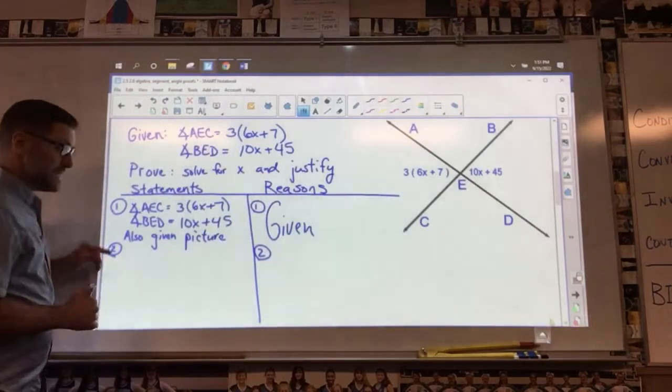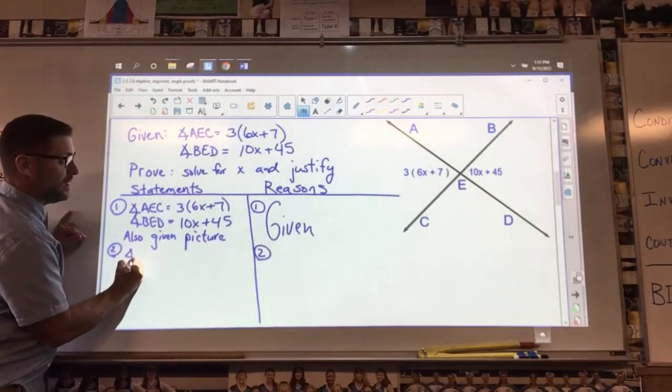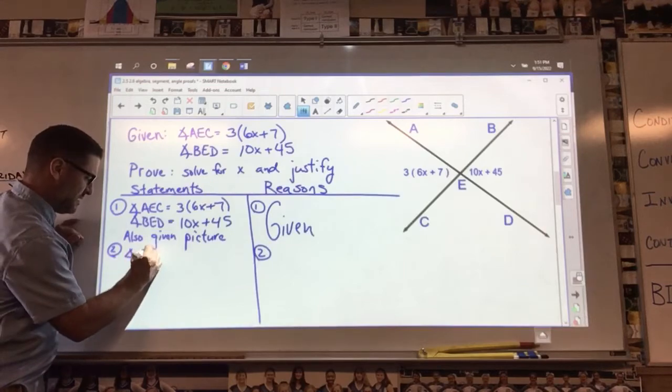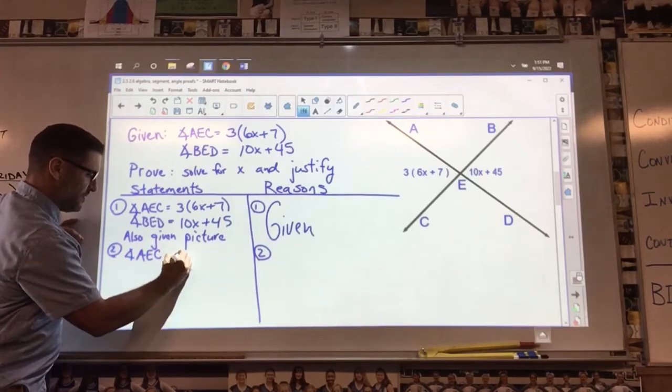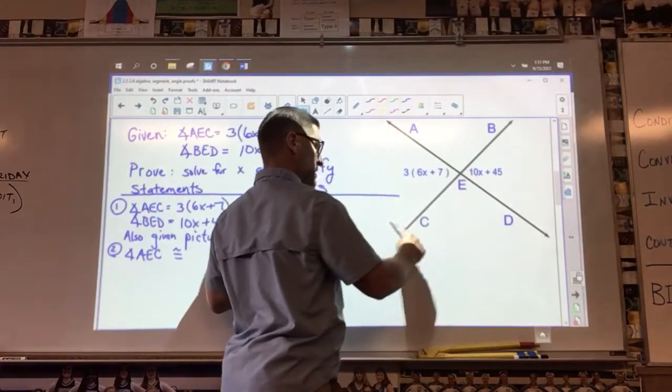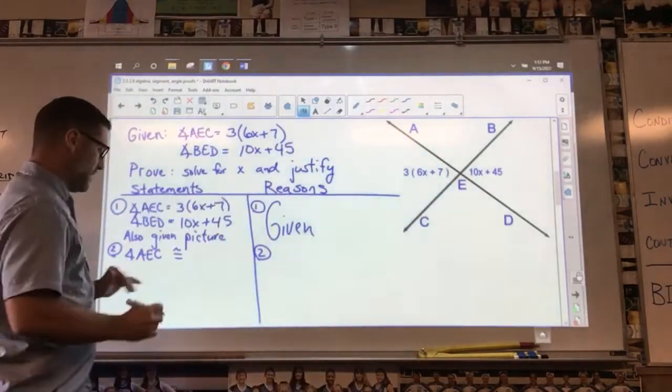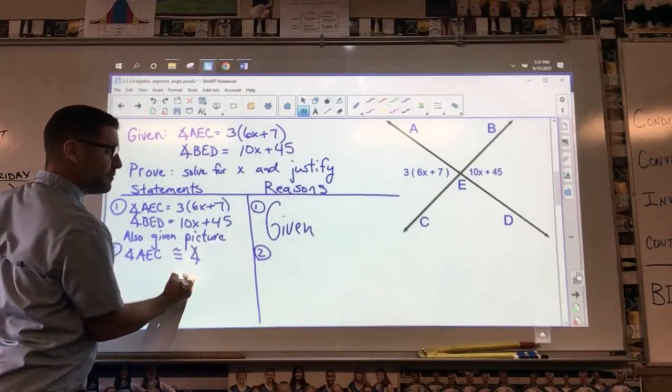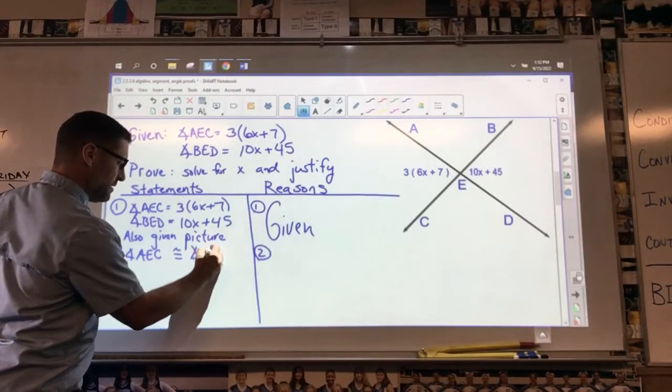So I'm gonna write down that angle AEC is congruent to, so this angle right here is congruent to the one that it forms the x with. So I'm gonna put angle BED.